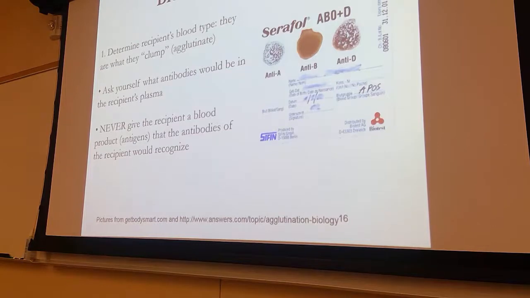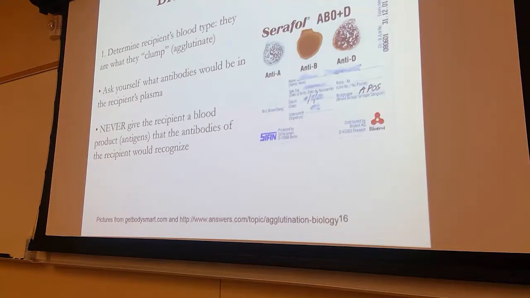They would not have anti-Rh antibody, but they would have anti-B. Once you identify step 2, what antibodies your patient has, don't give them the blood that their antibodies would recognize. It's a simple set of steps.